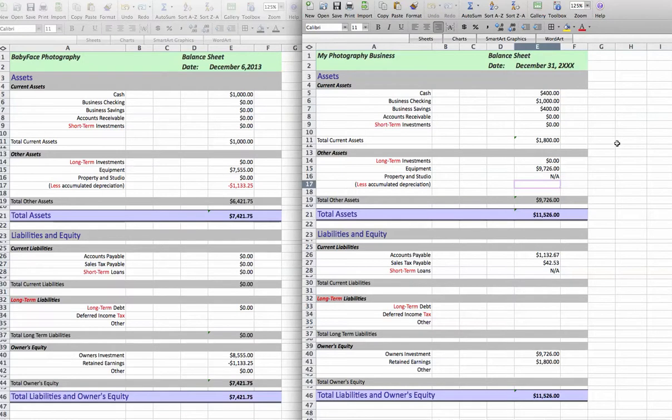I would have my current assets, which is, I'm going to go ahead and type out the formula here.